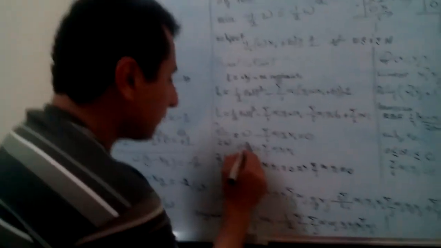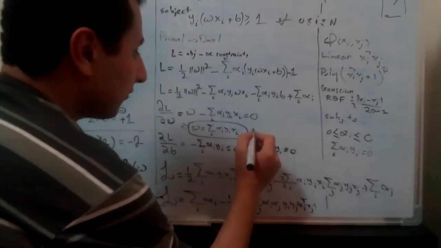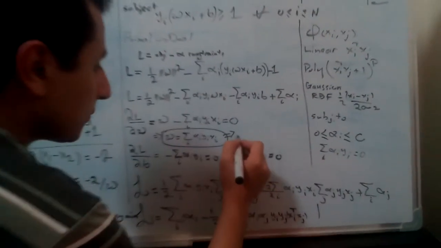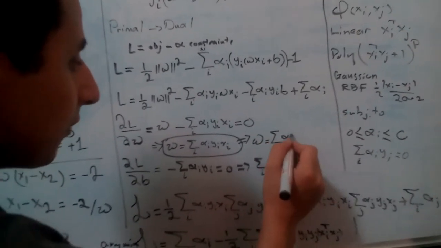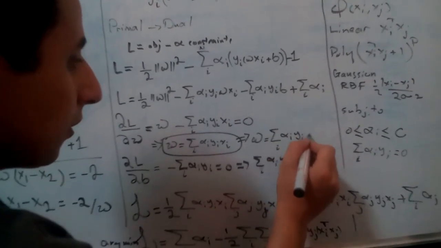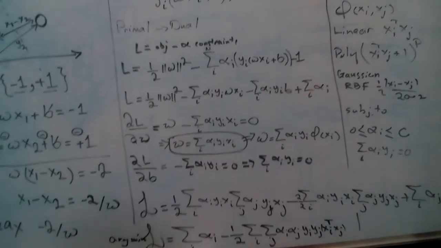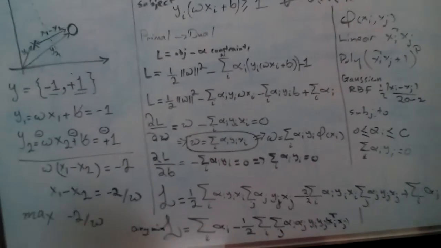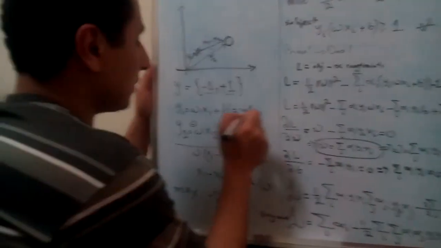You see over here, we have already got our omega. In case of using a kernel function, this becomes omega equals sum over i of alpha of i, y of i, phi of x of i. How about b? Can we find b? This is also obvious. We see over here omega x of i plus b equals y.